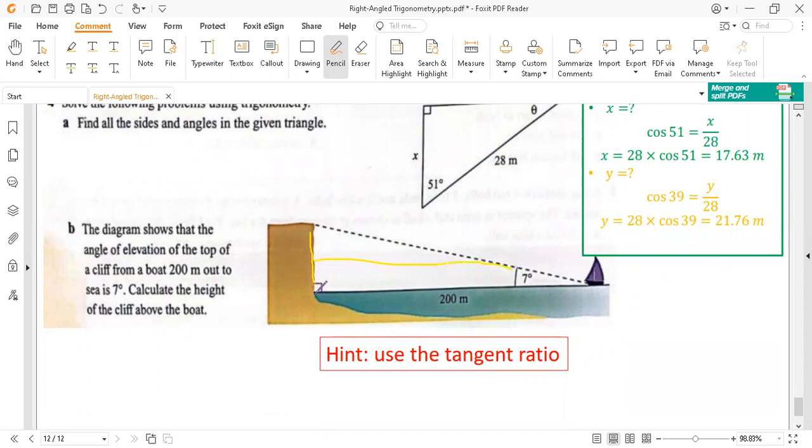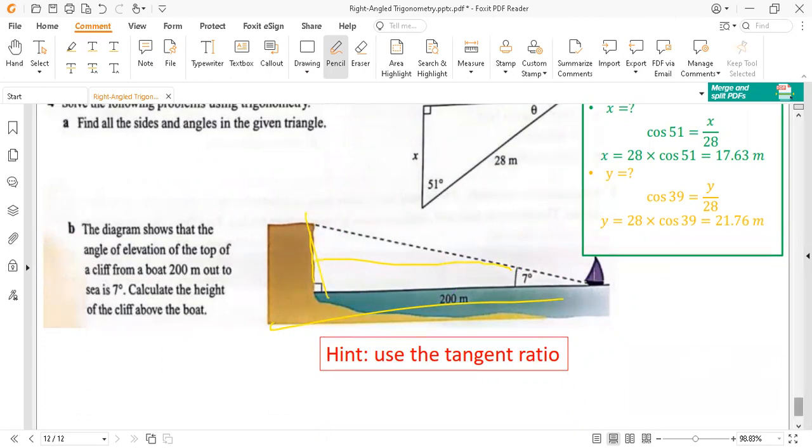So we have an opposite and an adjacent, but we don't have the length of the hypotenuse. So normally we use the tangent ratio to find the height of the cliff.